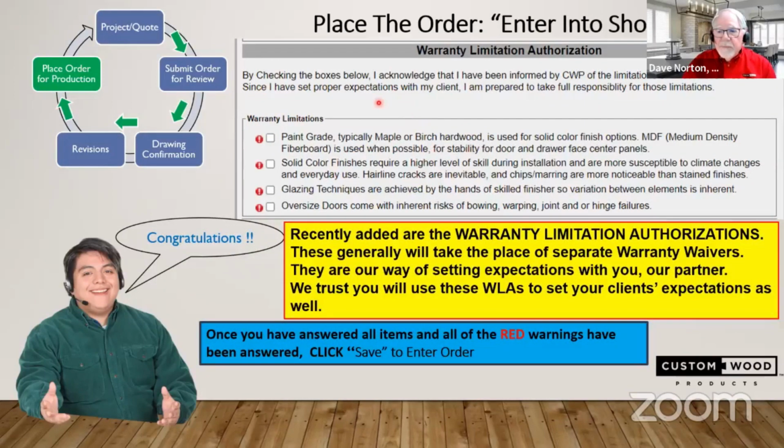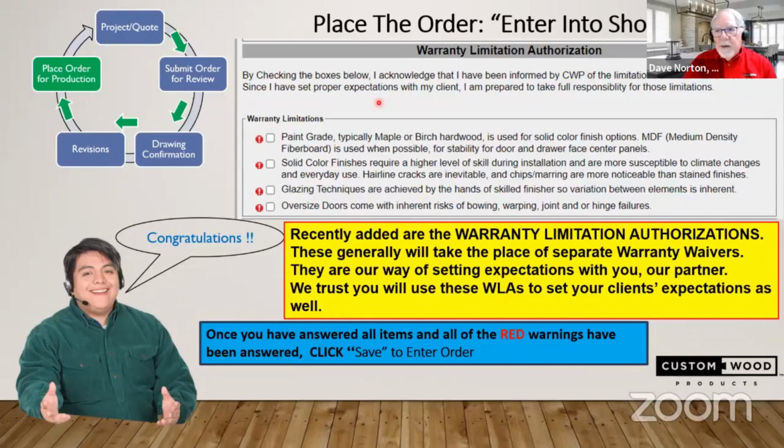We have updated the way we do warranty limitations. In the past, if you had oversized doors and over height doors and something that was outside our norm and we were asking you to sign a warranty waiver, you had multiple warranty waivers to sign.